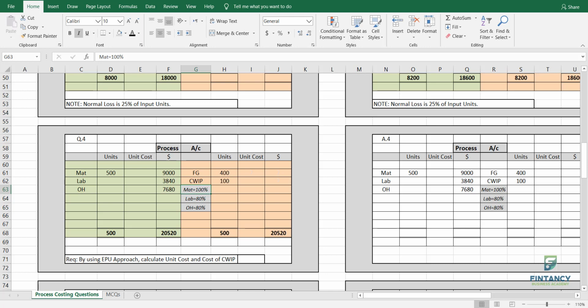From the overhead point of view, it is also 80% complete. Or they can say in summary that conversion cost is 80%. So you need to remember what they are trying to say. Conversion cost is 80% means that labor and overhead both are 80%. Clear? Now my friends, let's see how to solve this type of question.